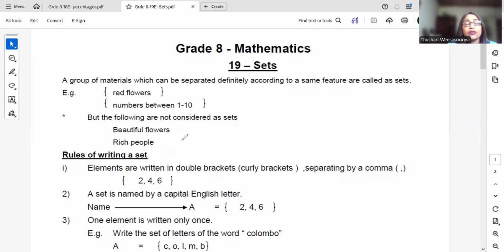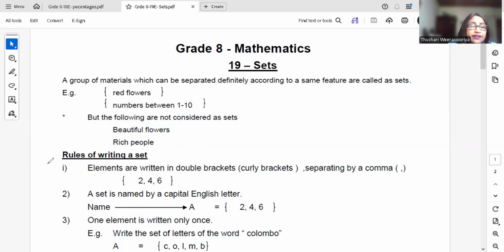You can't take those as sets, as there is no measurement. Bright students: but students who got above 90 for maths as bright students, there is a measurement, then I can take it as a set. If we just say bright students, we can't take that as a set. I assume you know that very well from grade 7.